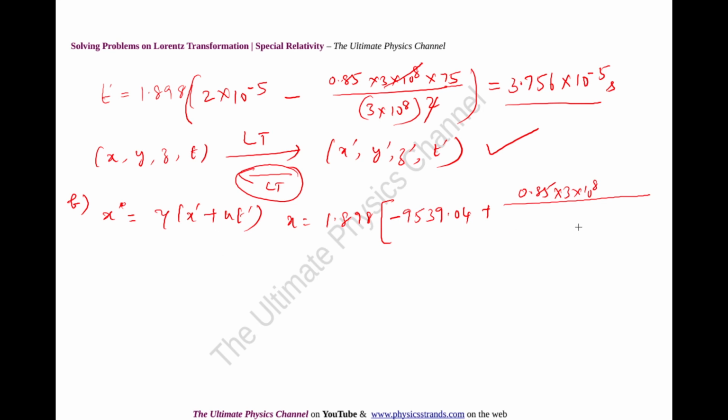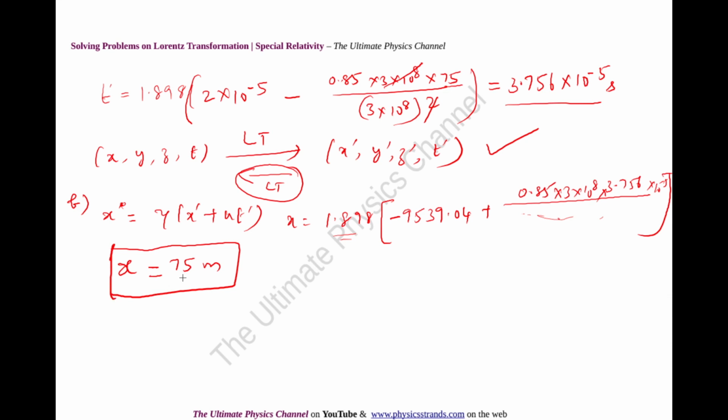So your u is here, and t prime we have calculated, right? So that value has to be plugged in, 3.756 into 10 power minus 5, right? So this is ut prime. Of course, our gamma is outside, so we don't have it included here. This directly we can do. So we will get our x back equal to roughly 75.06 meters. So I write it directly as 75 meters.